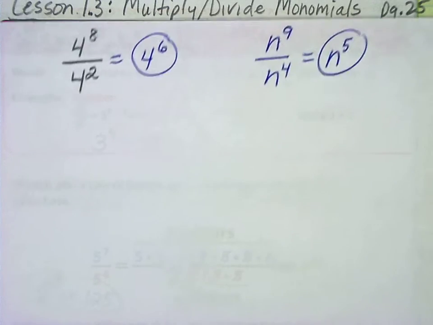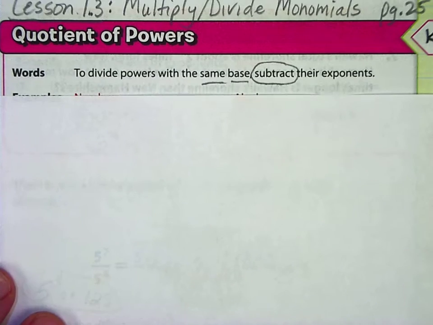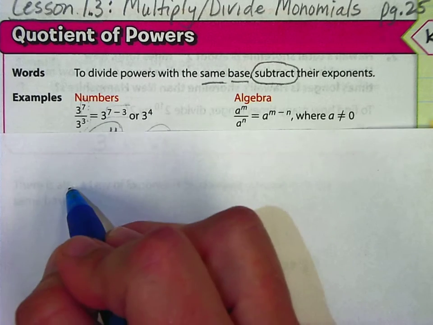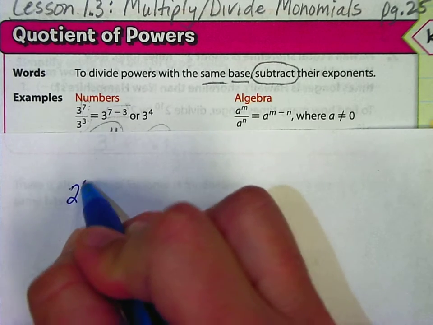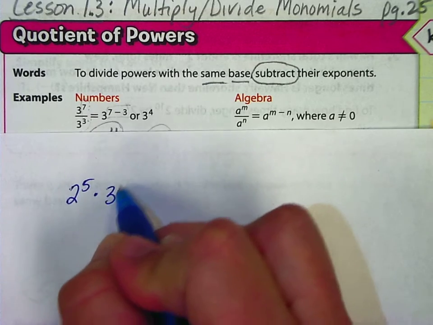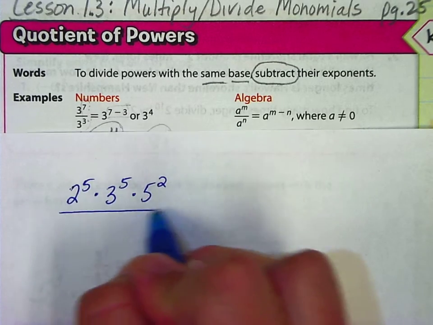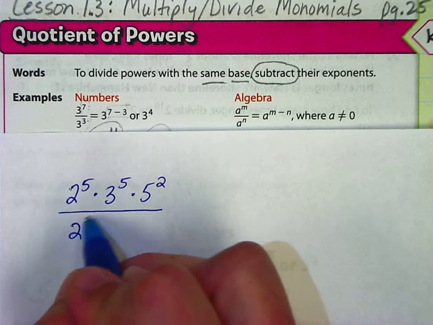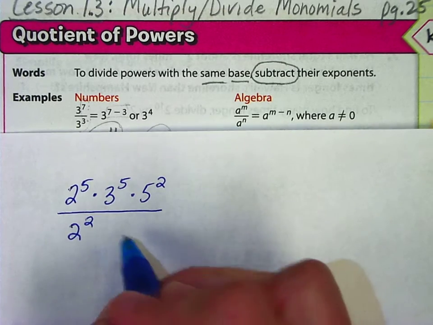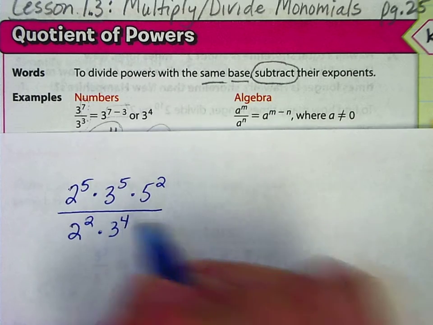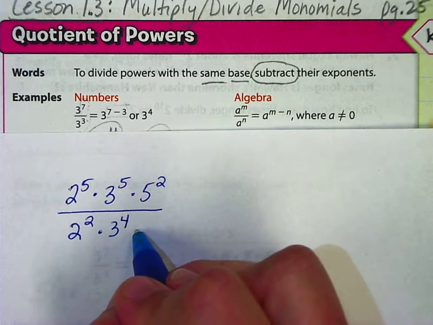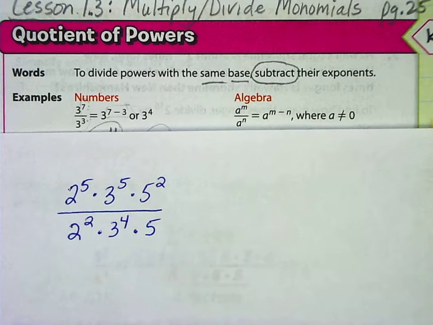Okay, let's take a look at another one. Let's try 2 to the 5th times 3 to the 5th times 5 squared divided by 2 squared times 3 to the 4th times 5.